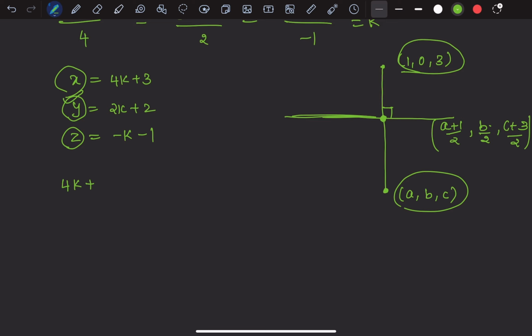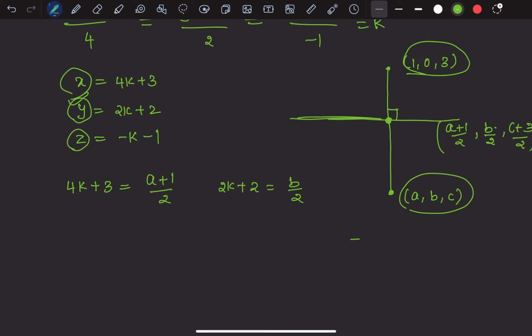So 4k plus 3 will be a plus 1 by 2, 2k plus 2 will be b by 2, and minus k minus 1 is equal to c plus 3 by 2. Alright.